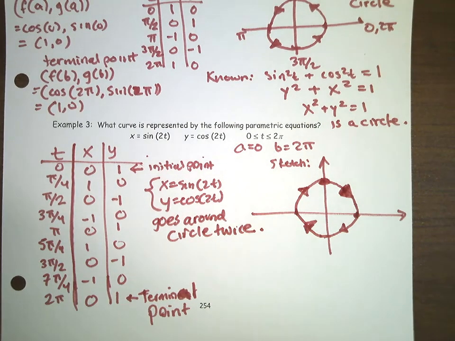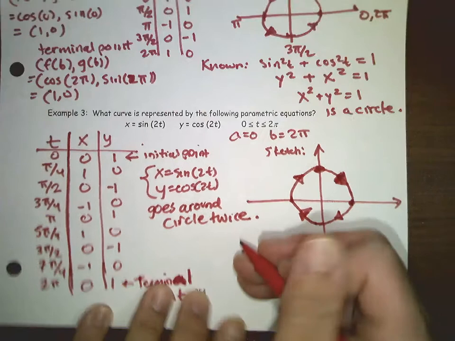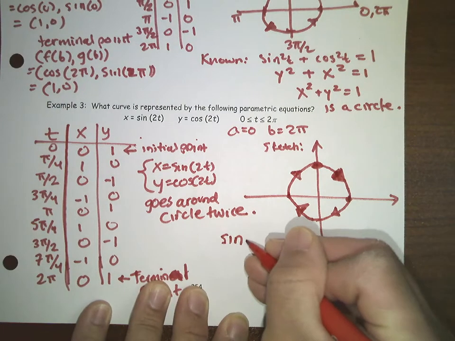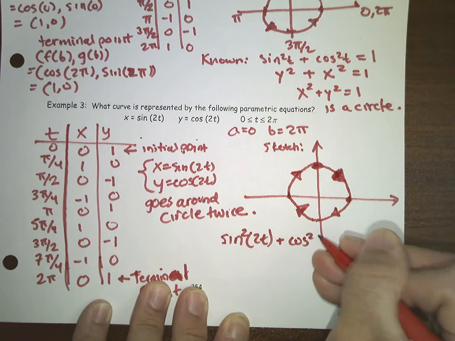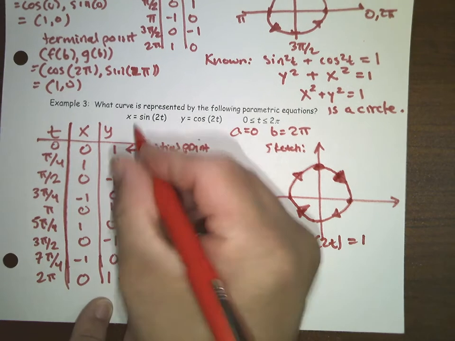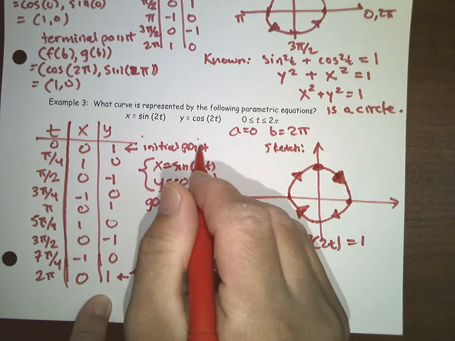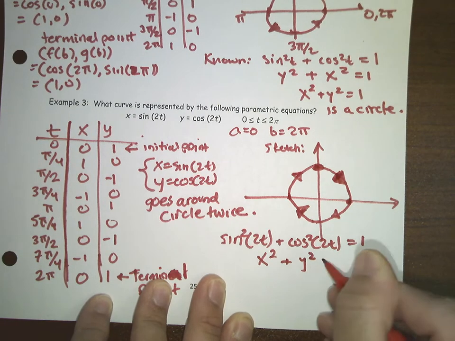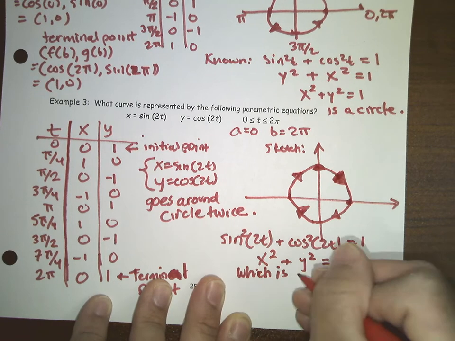If I want to eliminate the parameter just to see what this would look like, I'm going to use the same sort of trick as before. Sine squared of 2t plus cosine squared of 2t is 1. Since sine of 2t was x and cosine of 2t was y, x squared plus y squared is equal to 1, which is a circle.